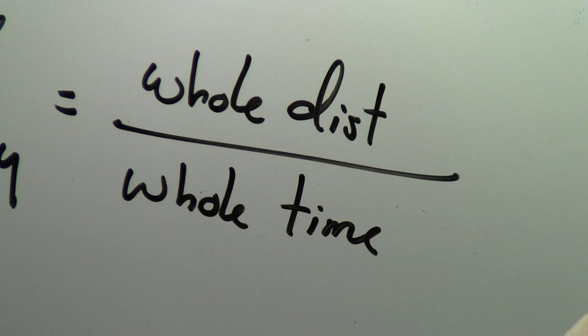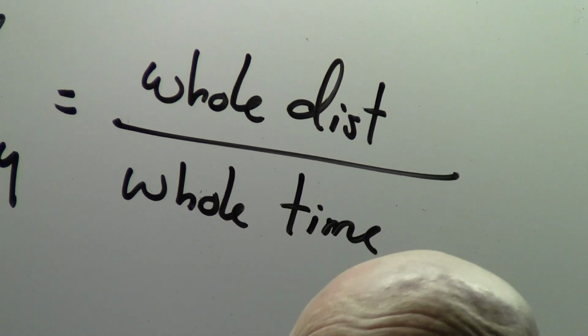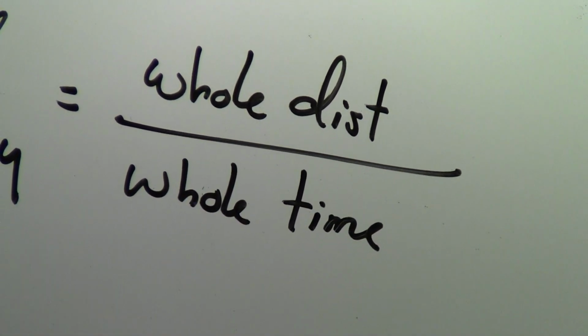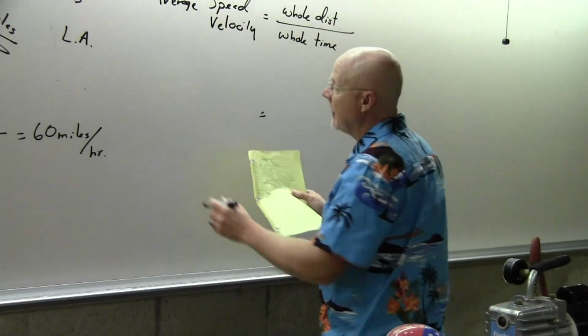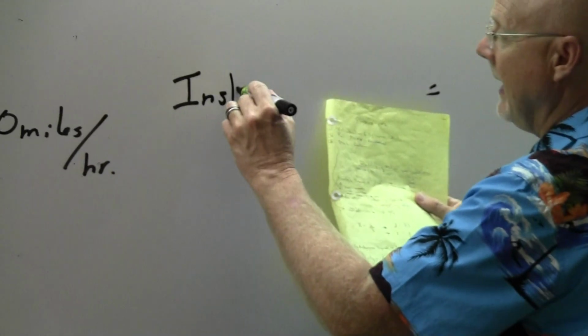And what I'm trying to get you to see is the number on my speedometer, the number that the CHP officer gets on the radar as I drive way too fast, flying by, is really what is my speed at that instant.